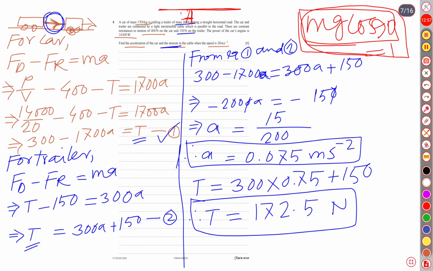I'm making a mistake. Cos 90 is 0. If we add or subtract 0, then it doesn't make any change to the quantities. That's why actually weight has been ignored.